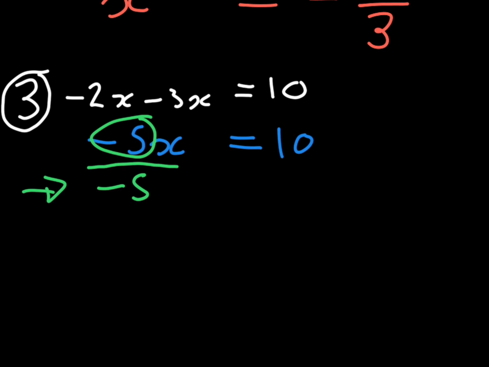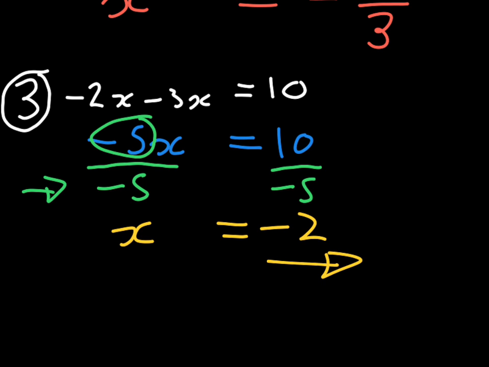And whatever we do to the one side, we once again do to the other. So we therefore have to divide 10 by minus 5 as well. So on the left-hand side, we will be left with x. And on the right-hand side, we will take 10 divided by minus 5, and we will get minus 2. And that's our final answer for question 3.